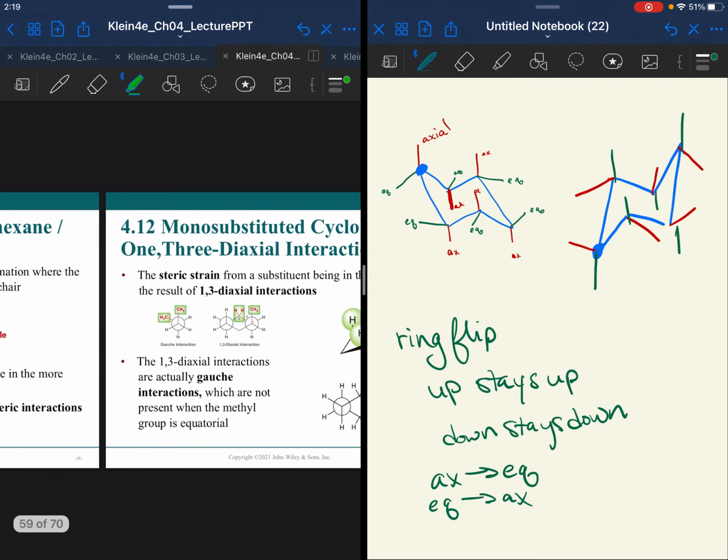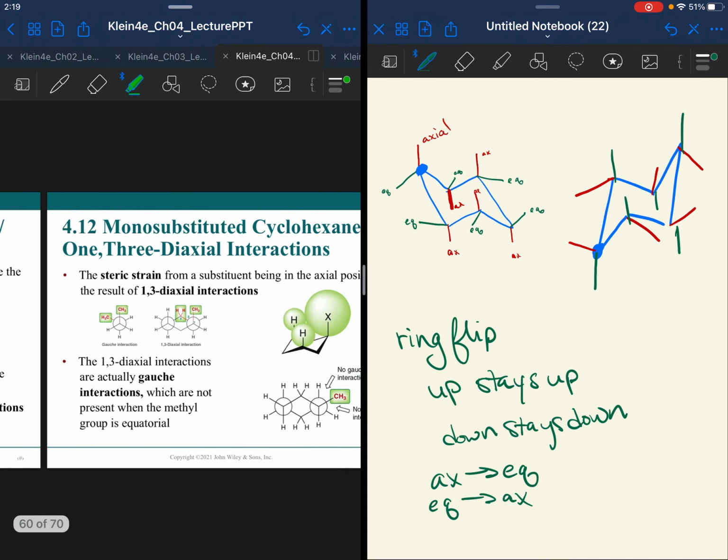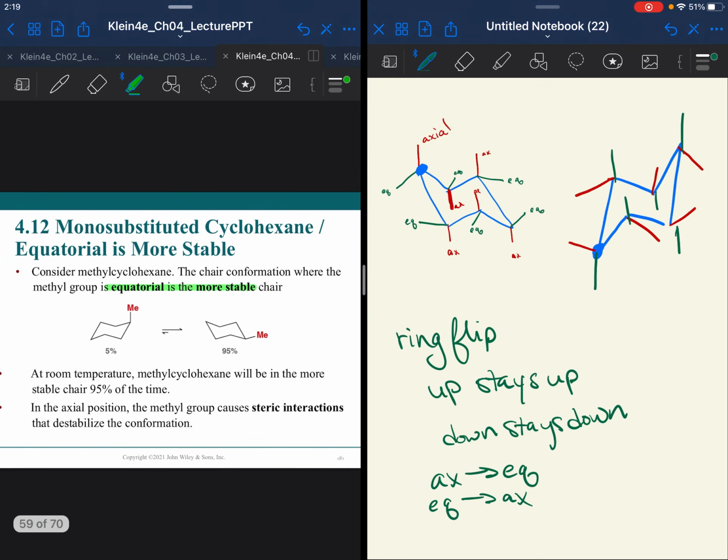attached to the ring. There is a steric interaction that happens between axial positions that are on the same side of the ring. So this methyl group is closer to this hydrogen than this methyl group is to anything.